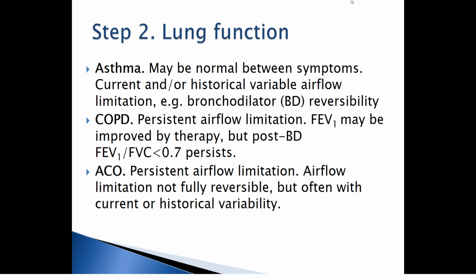We'll discuss spirogram in a few minutes, but you have to remember even from now that the ratio of FEV1 to FVC should be less than 0.7, or less than 70%. It is very important for diagnosis of COPD because airflow obstruction is constant.